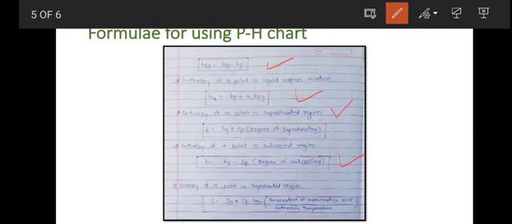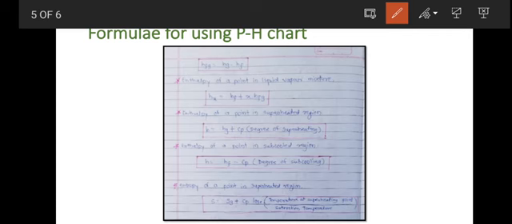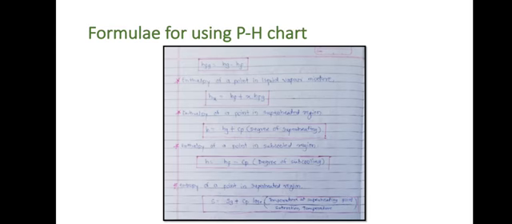The formula is: entropy at the corresponding point is equal to Sg, the entropy at the saturated gas point, plus the specific heat of the refrigerant multiplied by the natural log of the ratio of the temperature at the superheating point divided by the saturation temperature. So by using this, we can find the entropy and enthalpy of these corresponding points.